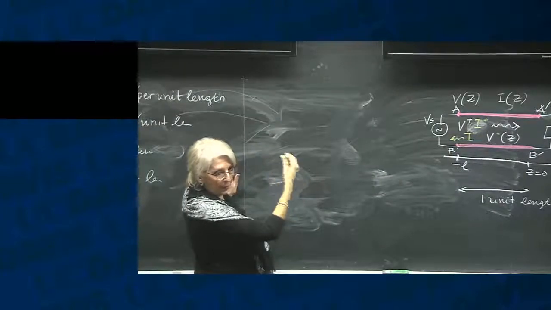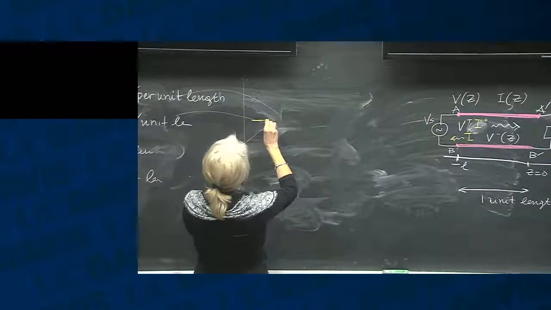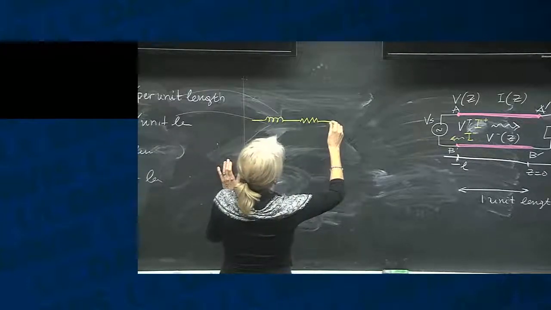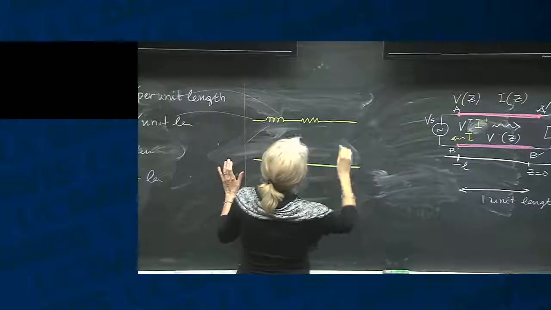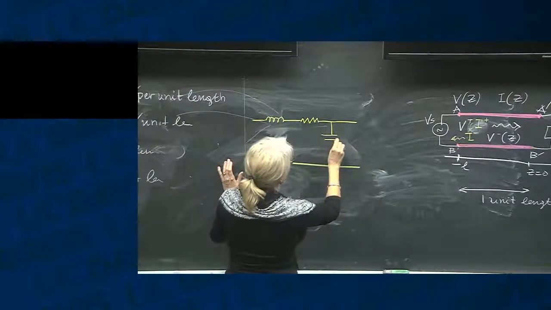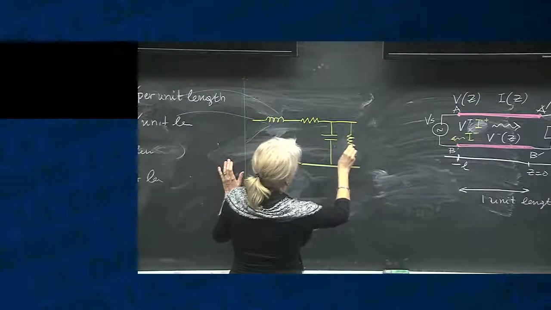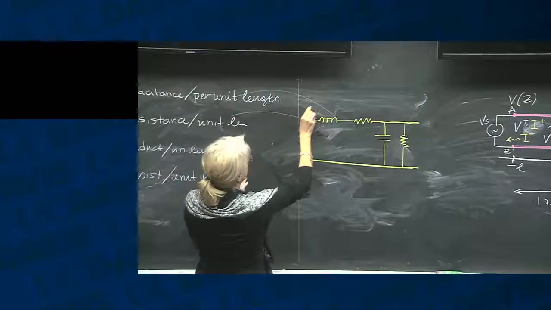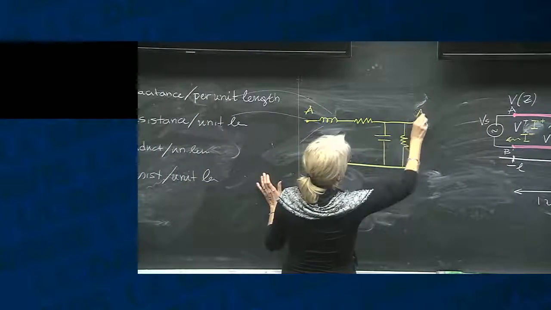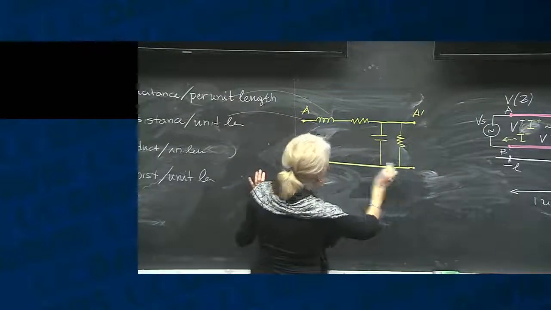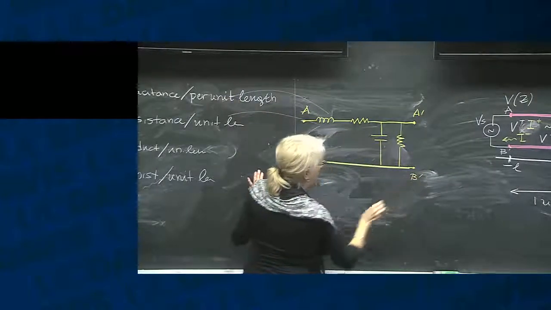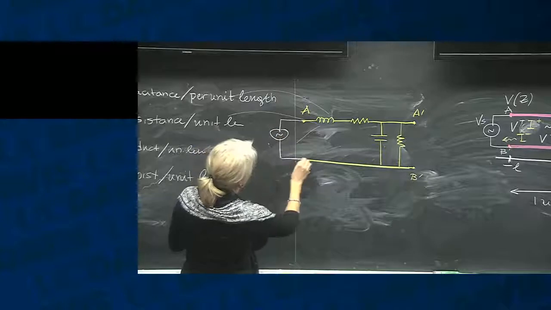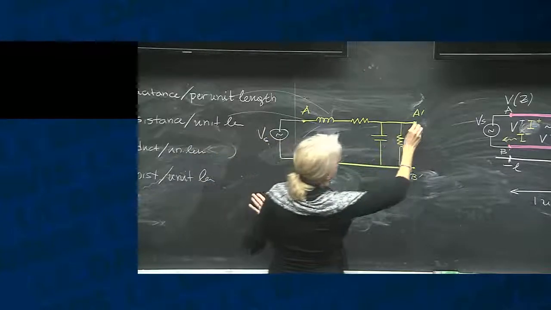I will draw it for you, and then we'll talk about it. Okay, where this is A prime, B, and B prime. And here again, I will have this source. And then here I will have this load.